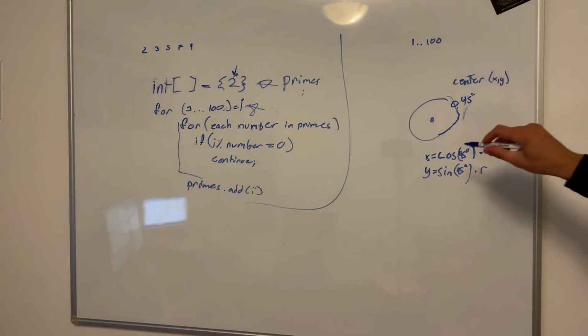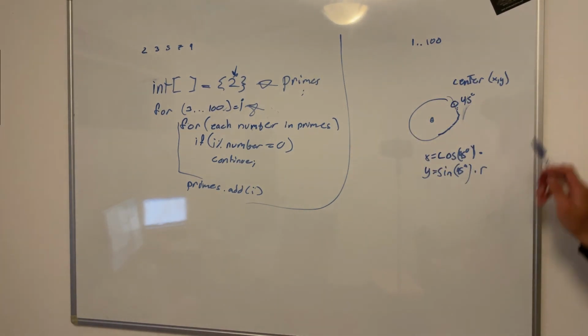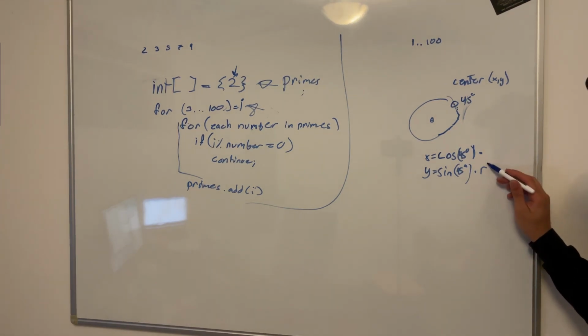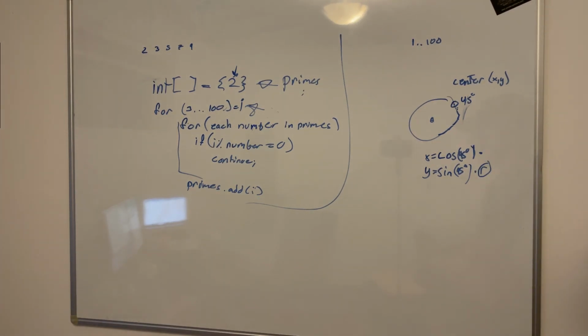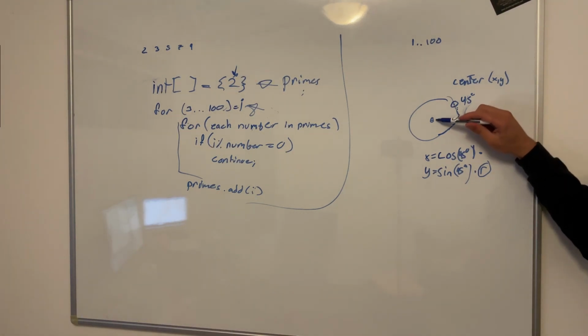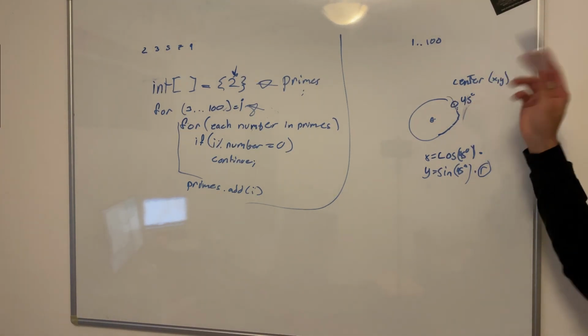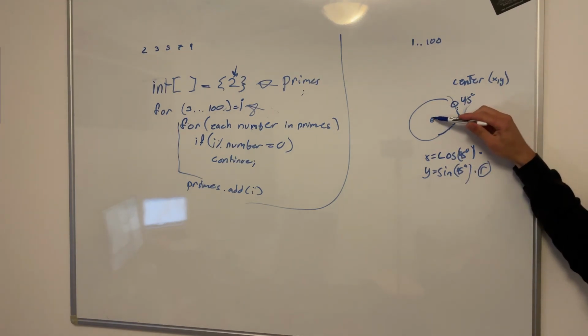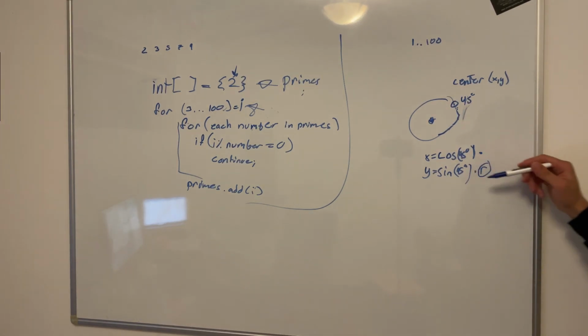What if, while going through every angle, we were to also make this radius get bigger? Let's say the radius to begin with is 0, so it's on top of the center point.